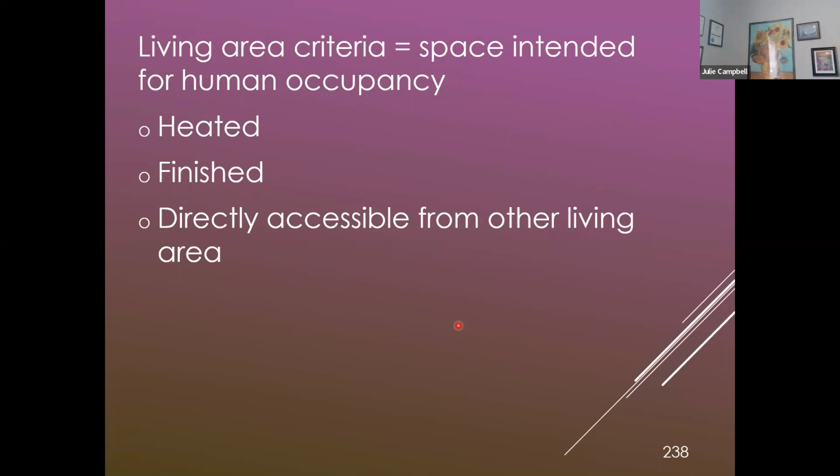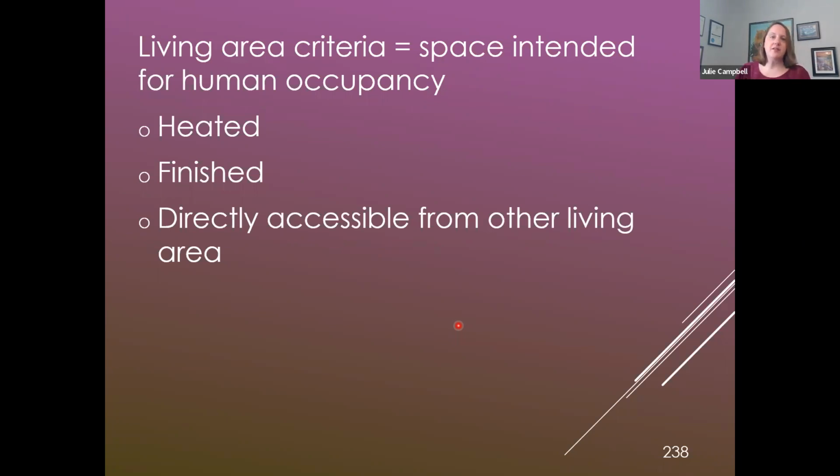What we're referring to is any space that's intended for human occupancy. And in order for it to count for total heated square footage or total living criteria, it must meet all three of these criteria. Did y'all hear my absolute word there? It must meet all three of these criteria.